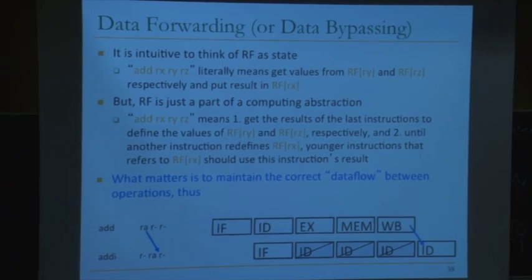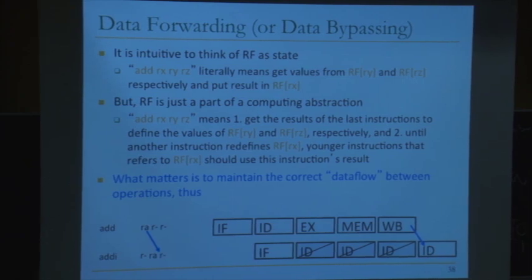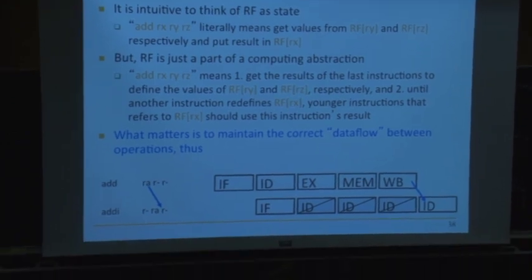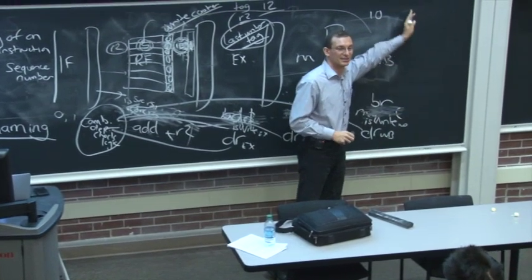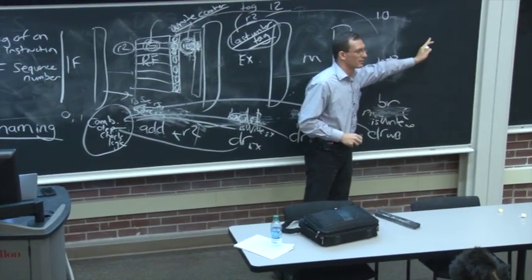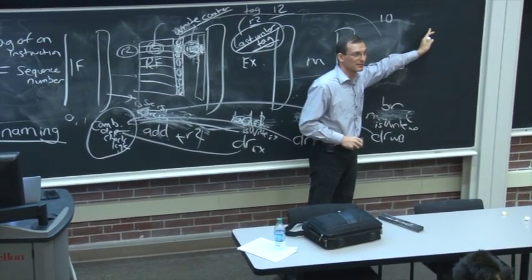And we're going to do that even more when we get to out-of-order execution. So that's what data forwarding is. When the value is available, forward it quickly. Don't wait until it's written to the register file, because the register file is visible to the programmer, right? You want to write to the register file in program order, because we still have the von Neumann model.